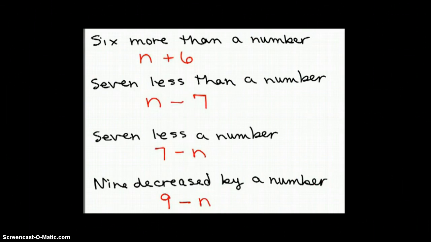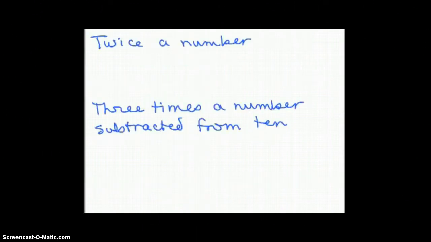Let's try doing some that are used for multiplication. Alright, first one here. Twice a number. What does that mean? Twice a number just means 2 times the number. So if we're going to use n for the number, 2 times the number, you would just write as 2n. Now this next one, I'm putting 2 things together. It says 3 times a number.